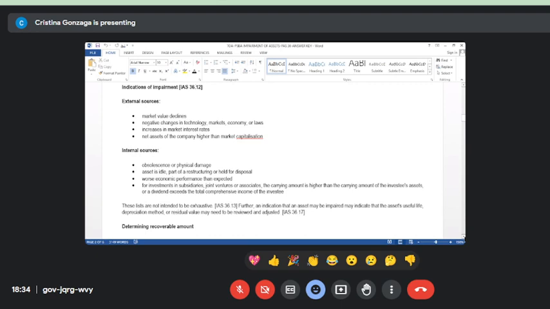Naapektuhan yung makina, and it is repairable, kaya lang the functioning may not be the same as prior to the physical damage. Asset is idle. Ano ibig sabihin ng asset is idle? Non-productive na, hindi na magamit-gamit. Okay, so it becomes idle, or asset is idle or non-productive. So part of a restructuring or held for disposal.